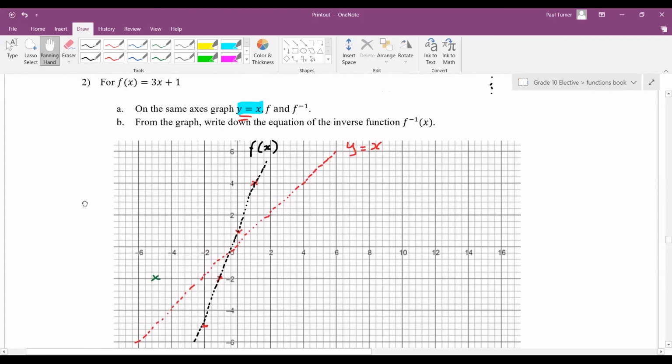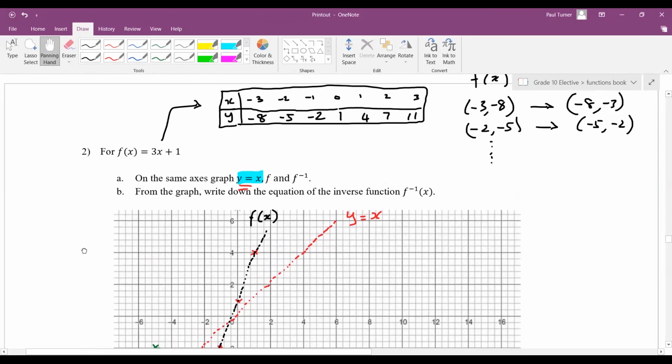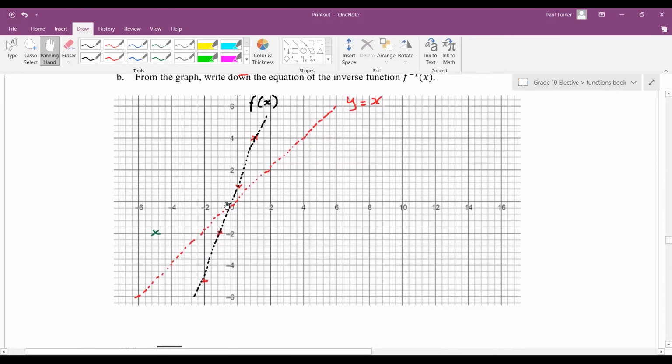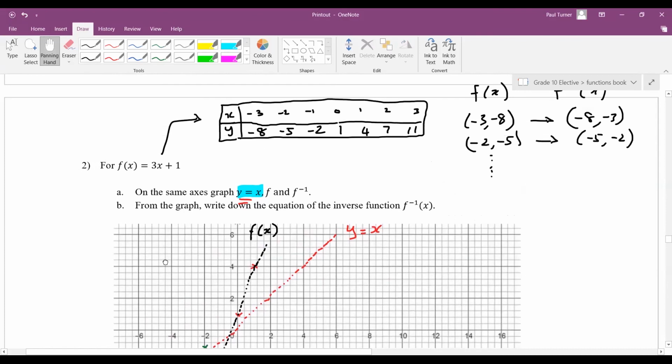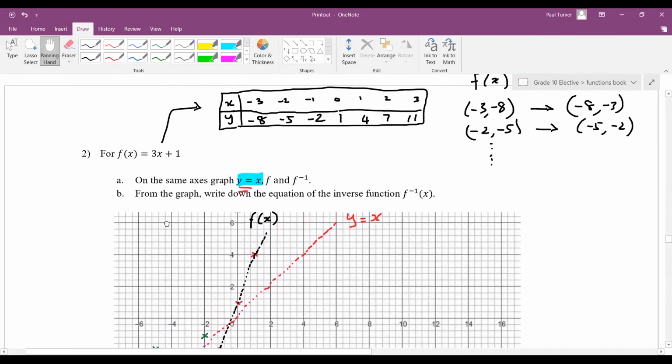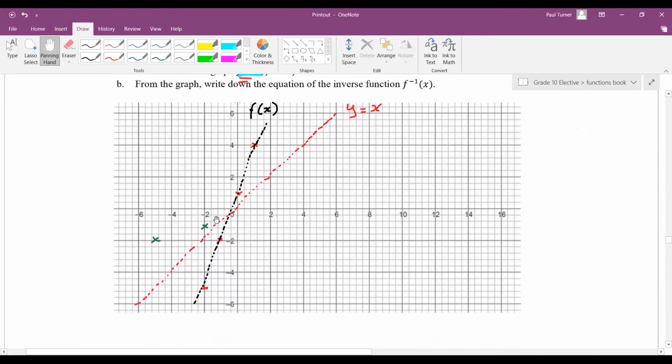Then we have (-2, -1), which is here. That's in between. It's a bit tedious, isn't it? But it doesn't take too long. (0, 1) becomes (1, 0). So (1, 0) is here, and so on. You keep drawing them out.